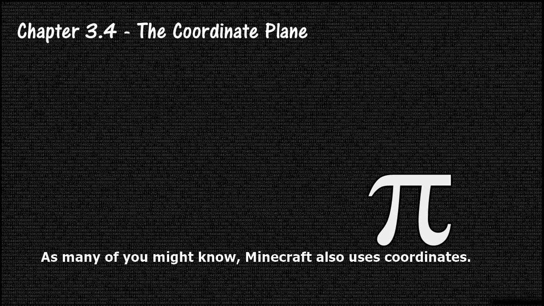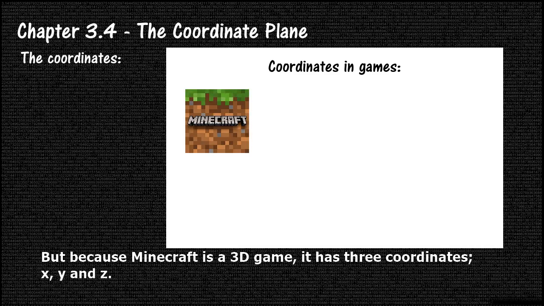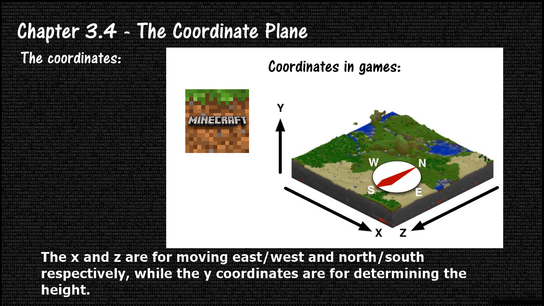As many of you might know, Minecraft also uses coordinates. But because Minecraft is a 3D game, it has three coordinates, x, y and z. The x and the z are for moving east to west and north-south respectively, while the y coordinate is for determining the height.